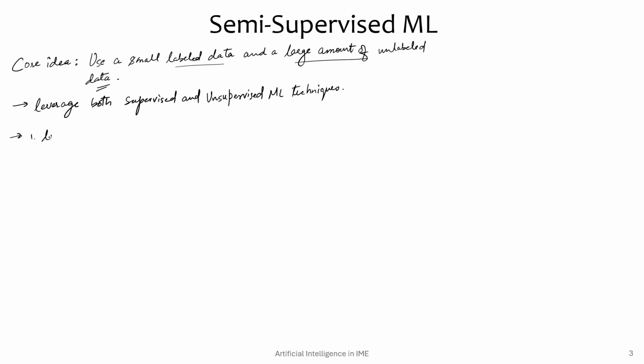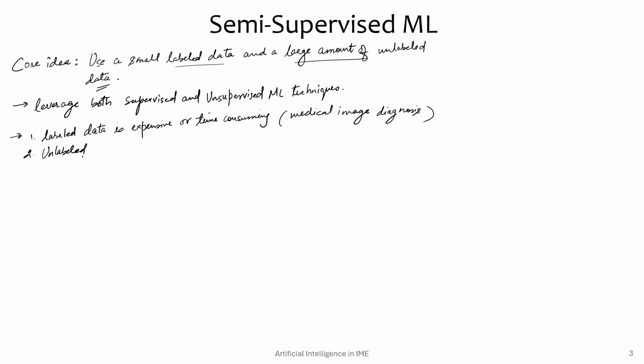You can use it when labeled data is expensive or time consuming, for example, medical image diagnosis. Second, you can use it when unlabeled data is abundant or easy to collect.